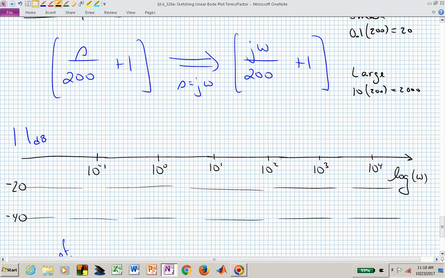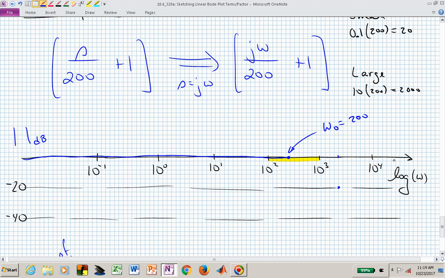We know that we are going to be somewhere between here, and because 200 is 30%, in a logarithmic sense, of the distance between 100 and 1,000, now we simply identify 30% of the distance between 100 and 1,000, and this is now our break frequency of 200. So we're coming along at 0 dB until we reach 200. Then at 2,000, which is right there, we'll be 20 dB down from that.